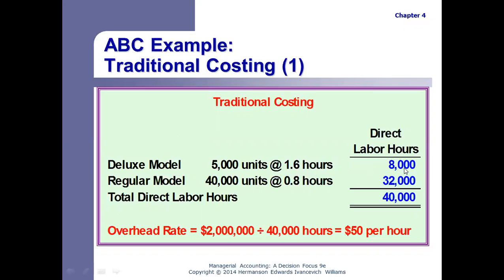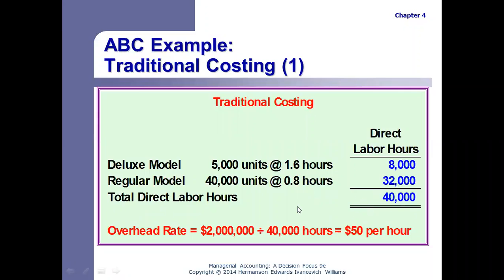So there'll be a total of 8,000 direct labor hours used to make the deluxe model, 32,000 hours to make the regular models, total direct labor hours of 40,000 hours.